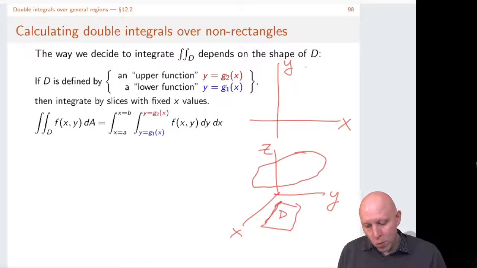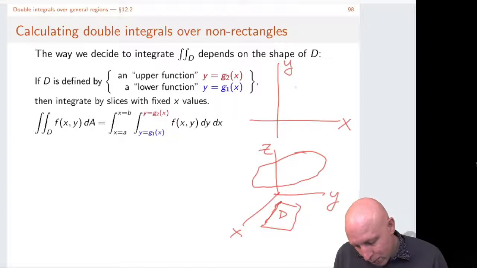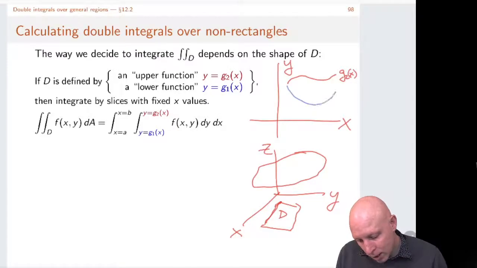Okay, so here is our domain. One type of domain that we can integrate over is a domain where we've got some upper function, g2 of x, some lower function, g1 of x, and we have some bounds, x equals a, x equals b.